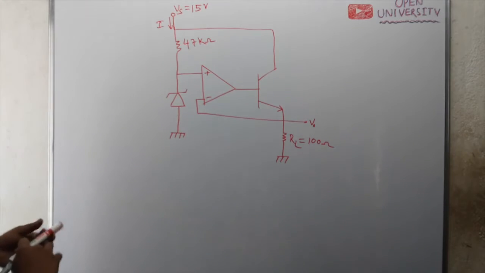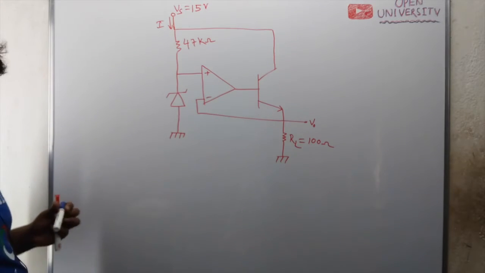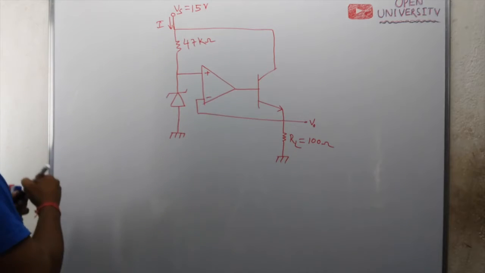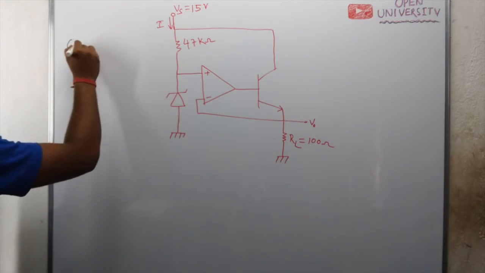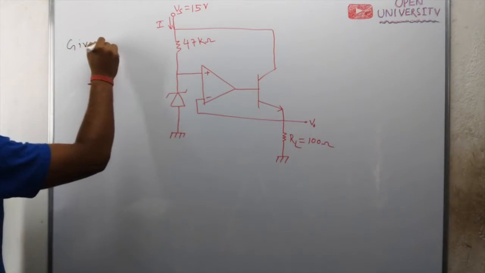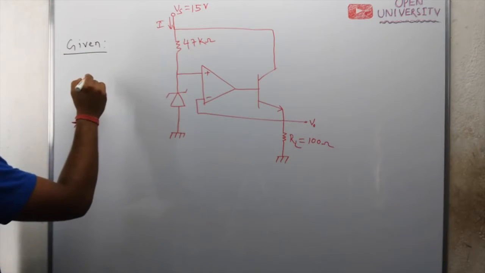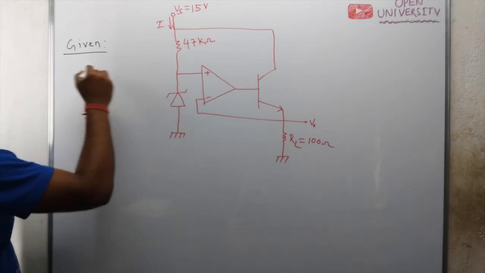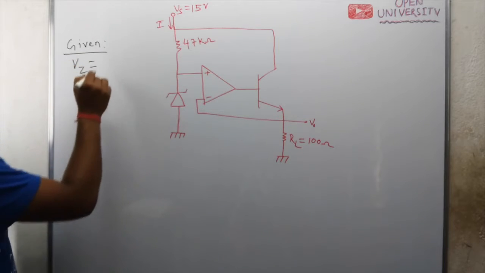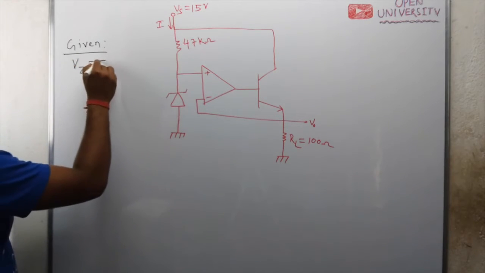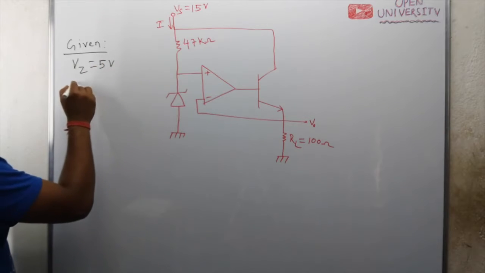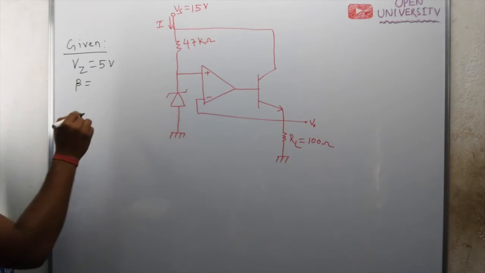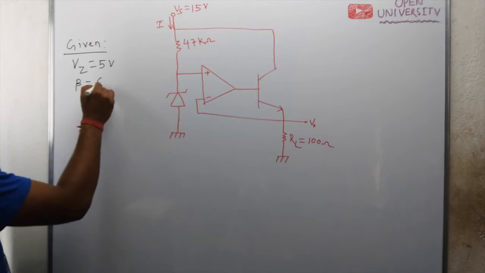What are the data given? The breakdown voltage of the Zener diode Vz equal to 5 volt, and beta of the transistor is given to be 60.